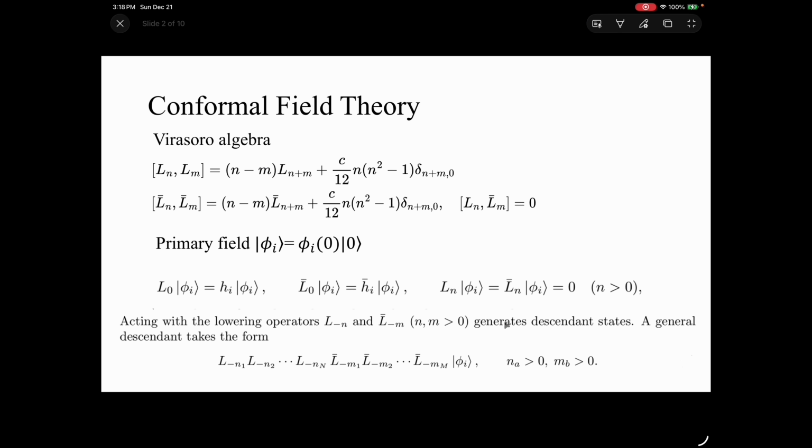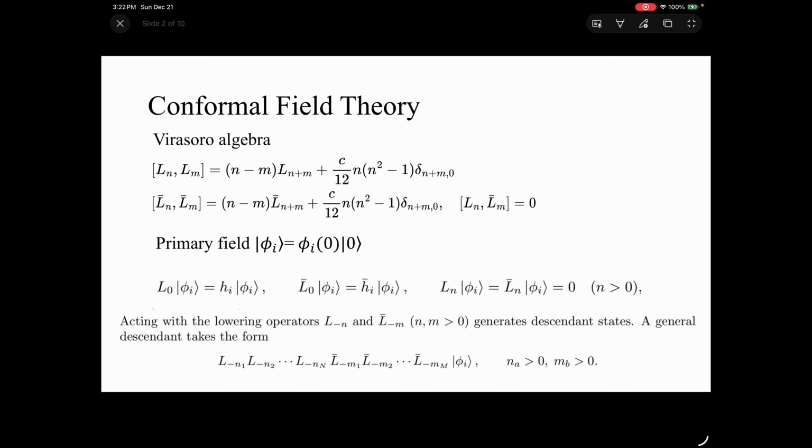If the index is an arbitrary integer n, if the index is positive, then after acting, the result is 0. If n is negative, it will generate the so-called descendant like this.